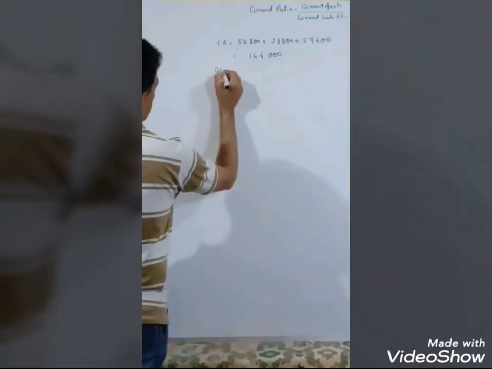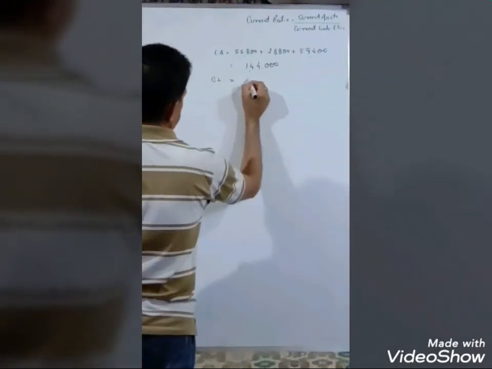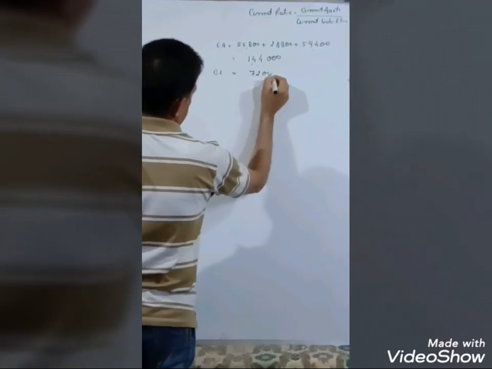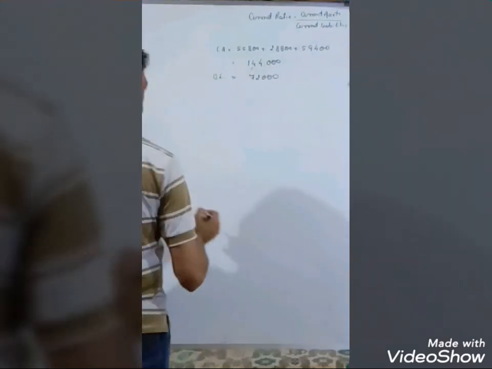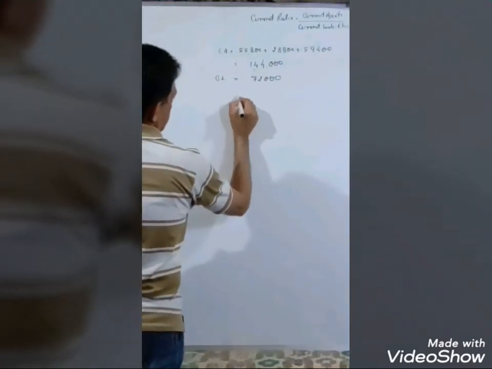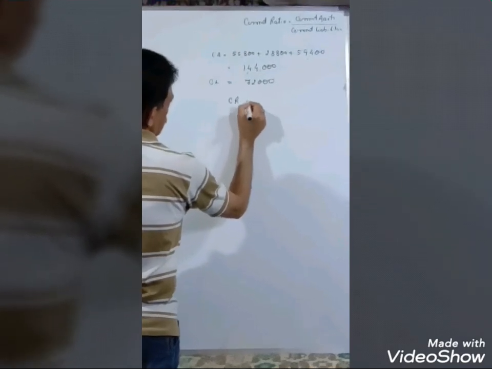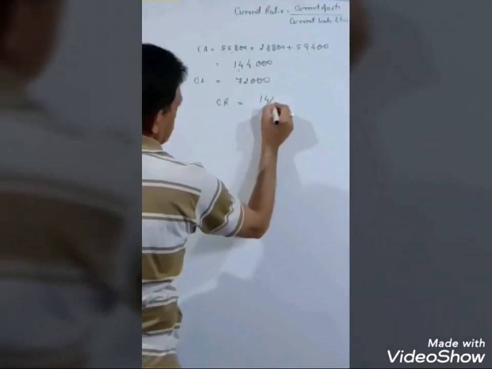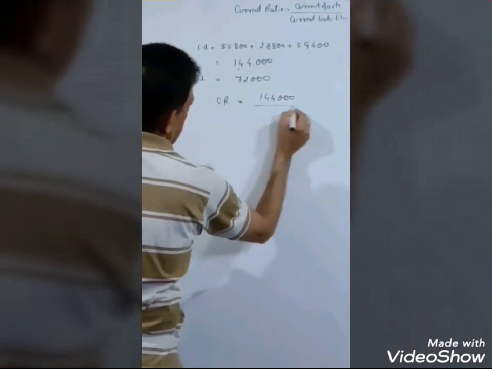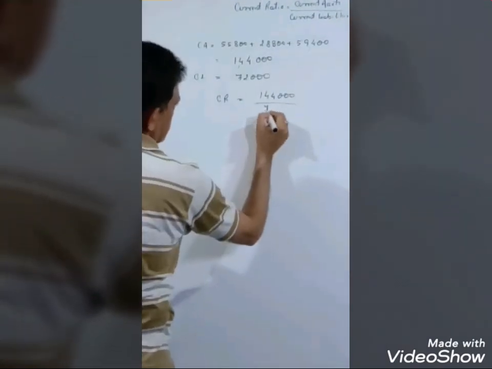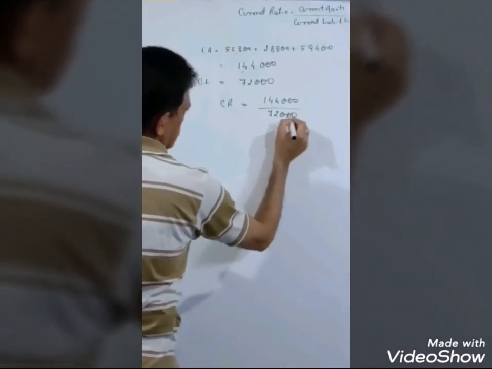Similarly, we have to calculate current liabilities. Current liabilities in the balance sheet are given: trade payables rupees 72,000. Now current ratio. Therefore, current ratio: current assets 1,44,000 and current liabilities 72,000.